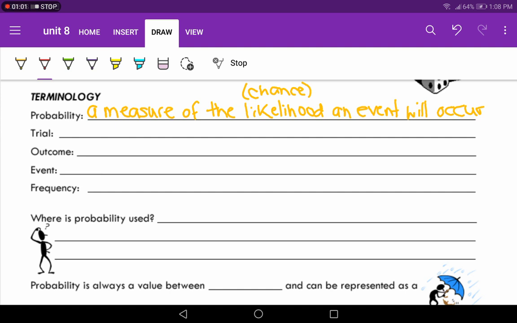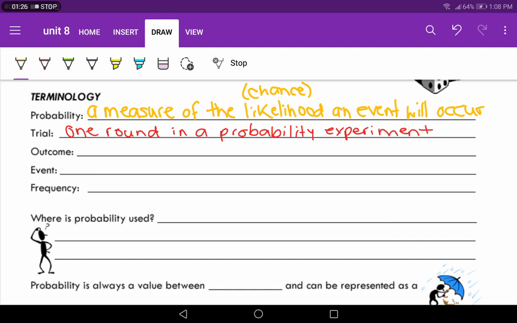A trial is one round in a probability experiment. I'm just going to go back and forth with colors here just so you can see the difference.